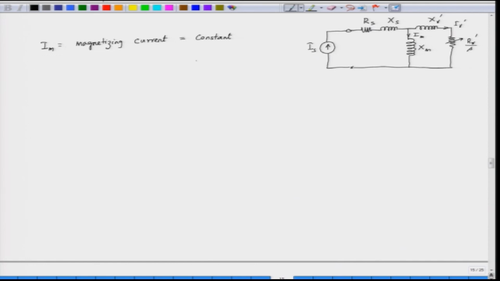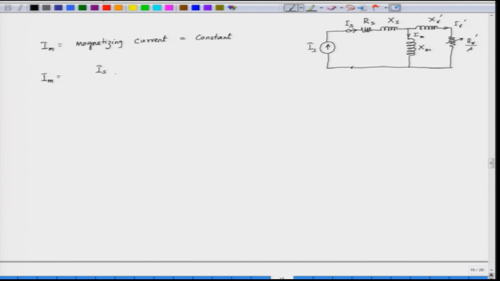So, the magnetizing current should be kept constant for constant air gap flux operation. Now, what is Im? Im can be obtained as follows. Is is the source current, the stator current, flowing into this, and we are interested to find out Im.